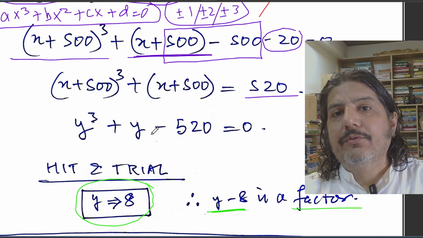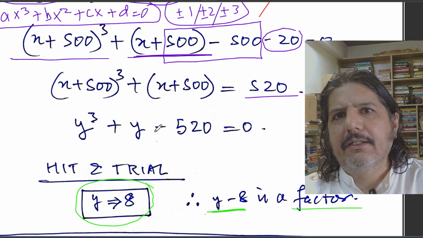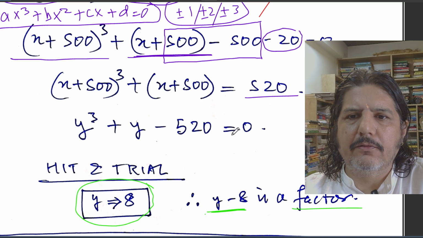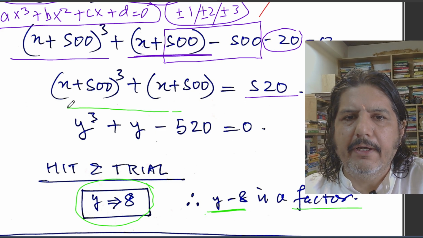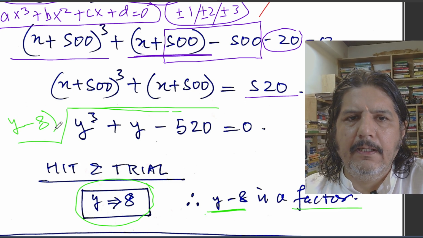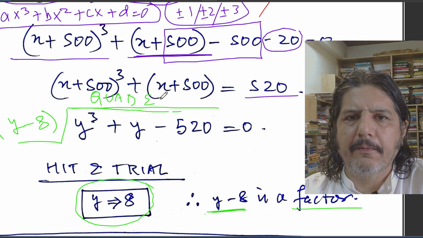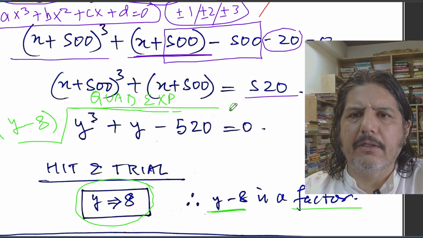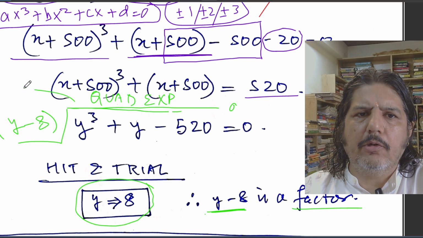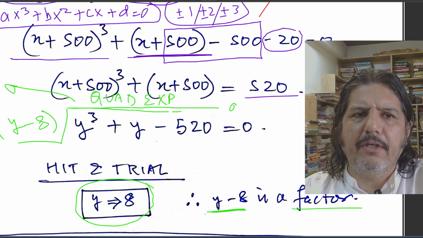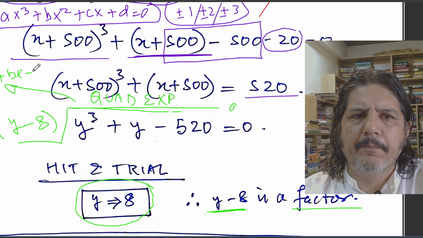Now you will understand using the factor theorem. You might have done that in class 9th or 10th. Now I can divide this y cube plus y minus 520 by y minus 8, and I'll get a quadratic expression here, in the form of ax square plus bx plus c.